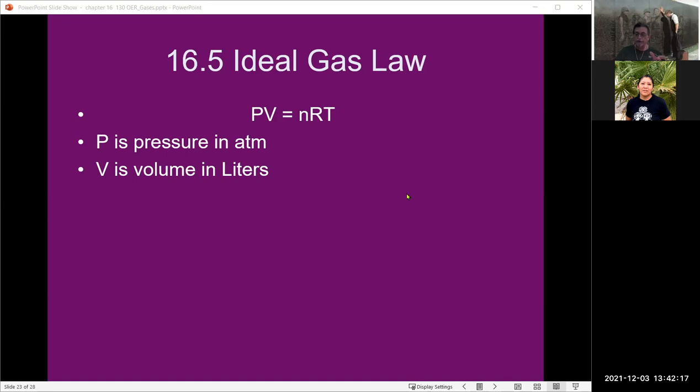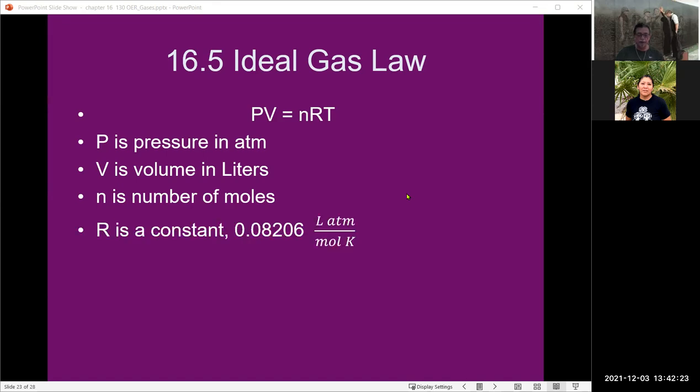So volume is in liters, okay? n represents the number of moles of a gas. And R is the constant. In this case, it is 0.08206. Note the units: liters atmosphere per mole Kelvin, okay?